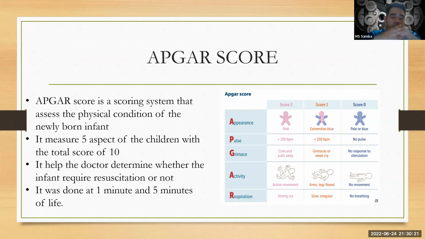For the classification, the normal APGAR score is 7 and above, whereas 4 to 6 is fairly low, which requires monitoring. And if the APGAR score is less than 3, the child will require resuscitation. So usually we will do the APGAR score at 1 and 5 minutes of life. However, if the APGAR score is fairly low, we will repeat again at 10 minutes or 30 minutes.